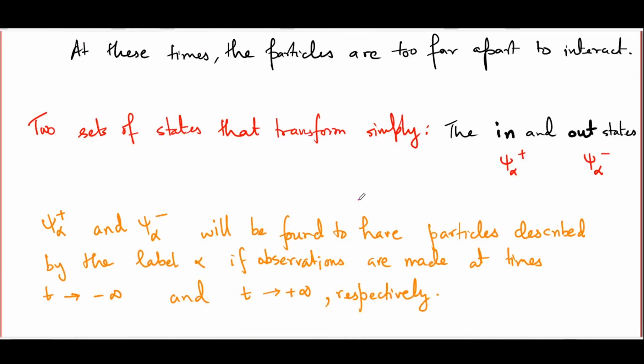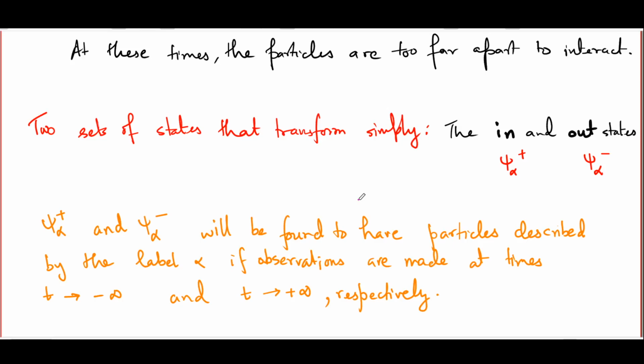These are very important, so let me carefully state the definition. ψ_α^+ and ψ_α^- are states which will be found to have particles described by the label α and hence transform the way under the Poincare transformation as ψ_α would if observations are made at times t going to minus infinity and t going to plus infinity respectively.